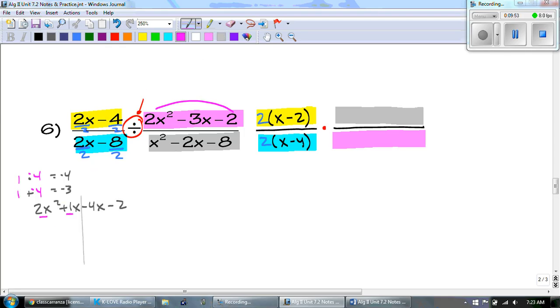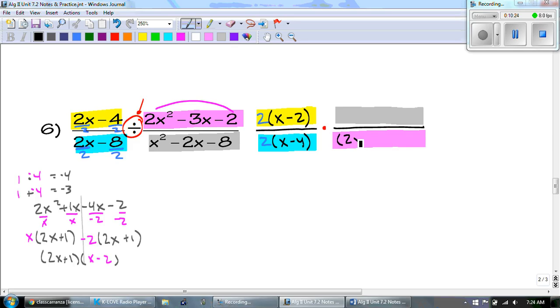And we have to factor out an x. And then in the back, I need to factor out a -2. And then we get 2x plus 1. And negative 4 divided by negative 2 is 2x. Negative 2 divided by 2 is 1. So awesome, they match. So we get 2x plus 1 and x minus 2.